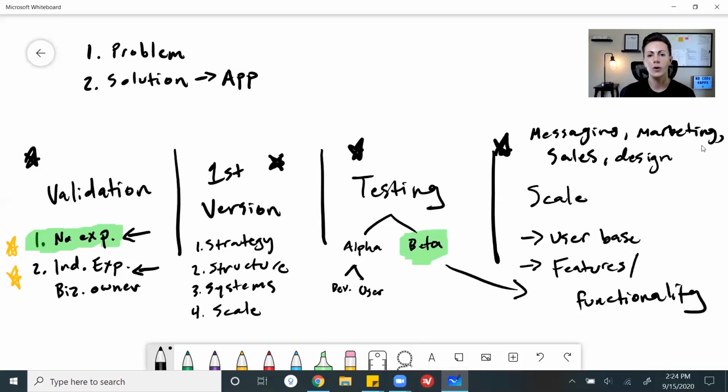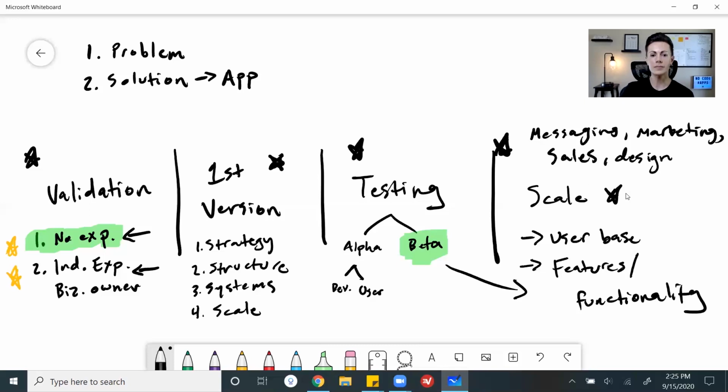You want your app to be functional, effective, easy to use, and your design plays a massive role in that. Design isn't just about making things look good, it's about making things more functional, easier to use, more convenient to use. And you do that in this scale step.